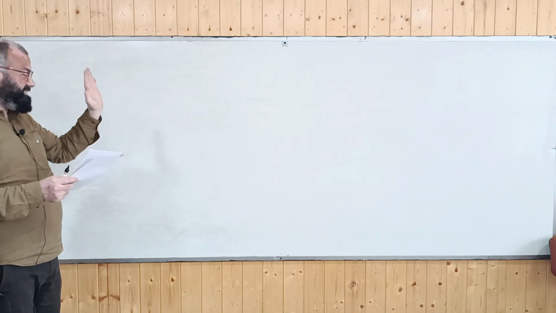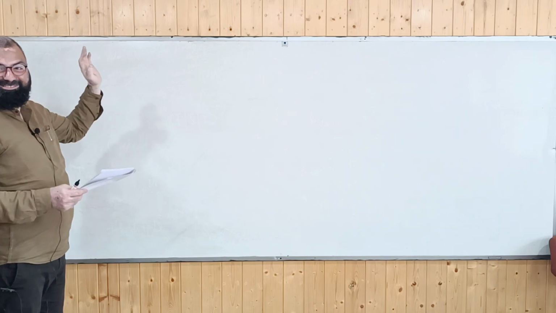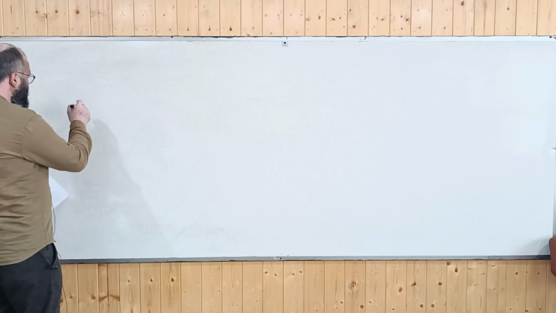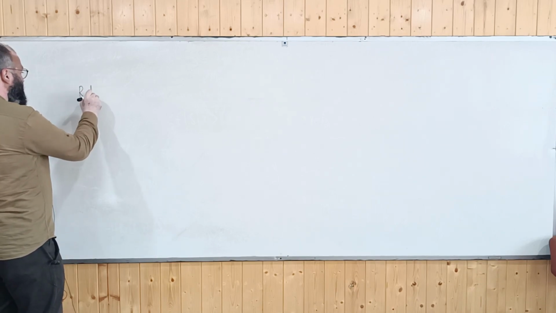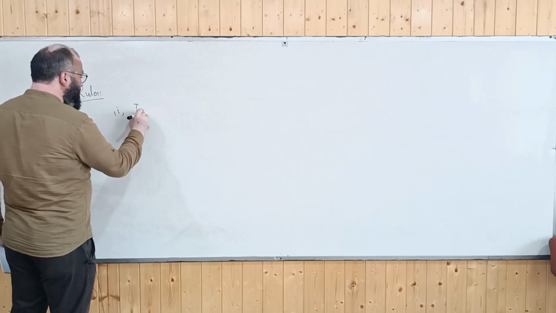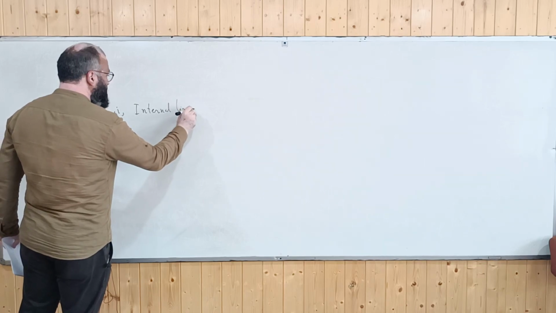In particle physics you usually take time in the upward direction, but we will use time from left to right. So let's write what the rules are. The first rule is how to write the internal lines.